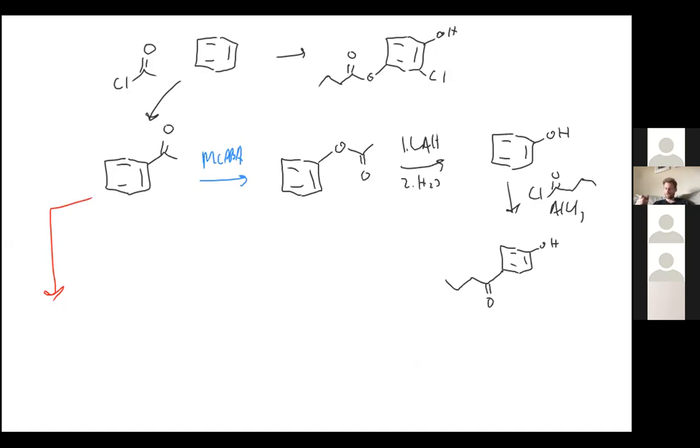From here, we can either do the chlorination now or we can do the MCPBA now. It doesn't really matter which one we do next. We have a group 1 and a group 5. We're going to be favoring our group 1, an ortho-para director, but para is blocked. So if I add in Cl2, AlCl3, it's going to selectively go ortho because that's the only available spot.